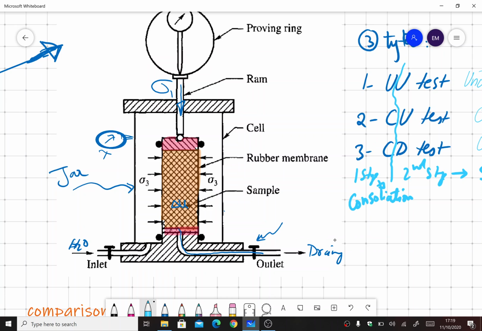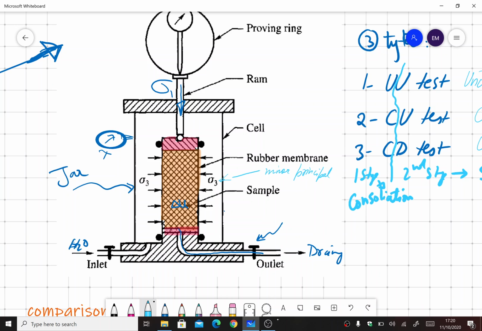Let's try again. So this is sigma 3. So this is the minor principal stress.